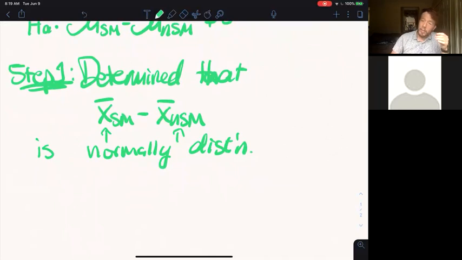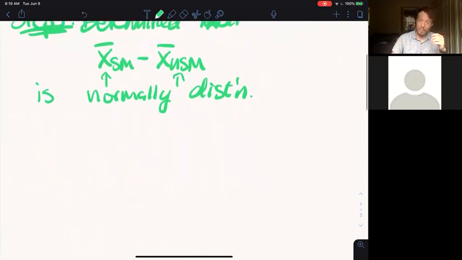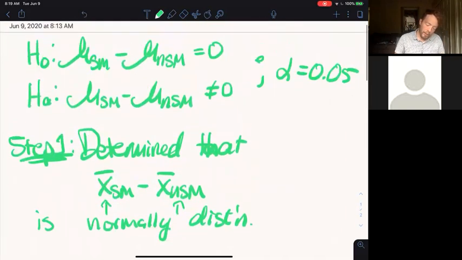If each of these X bars is normally distributed, then their difference is as well, and we can do inference just like we've been doing. I think we've relatively learned how to do this hypothesis testing. Anyway, so we have these hypotheses.